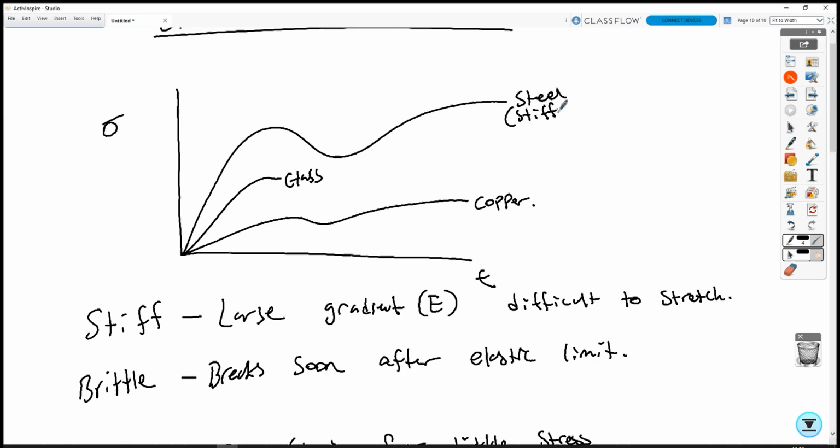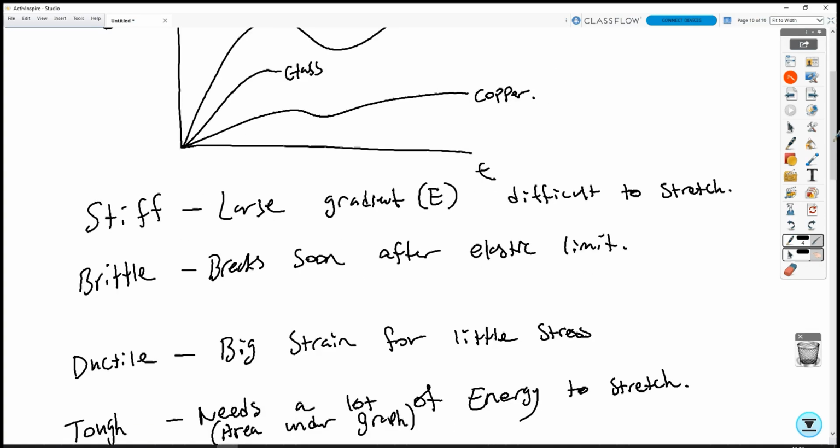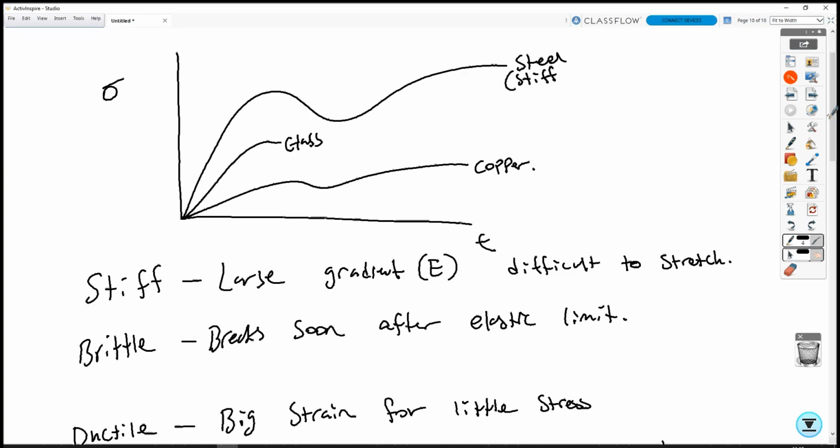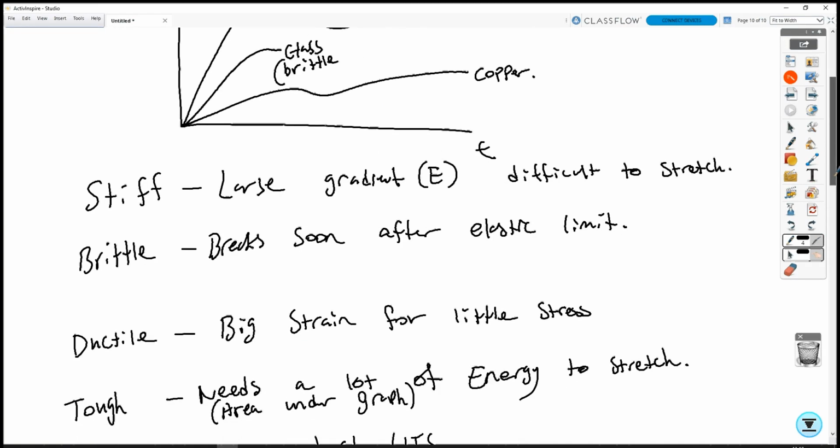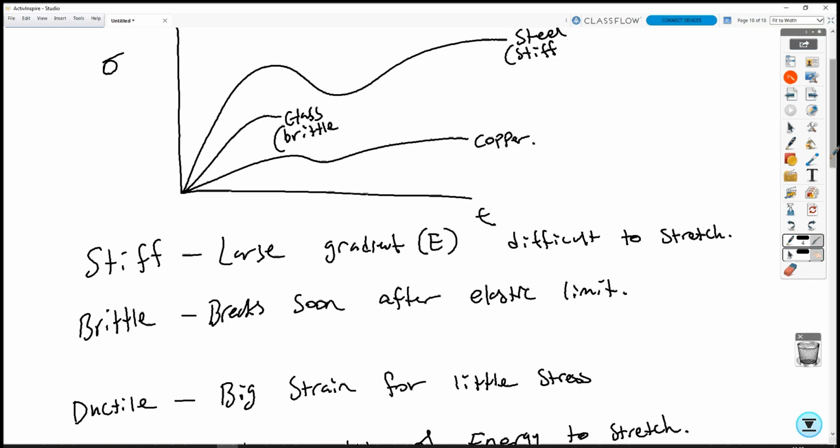Next, brittle means that it breaks soon after the elastic limit. The only one that breaks very soon after the elastic limit is glass. So glass is brittle. Ductile, big strain for little stress. Copper, again, it's got very small stresses but very large strains. So copper is ductile.